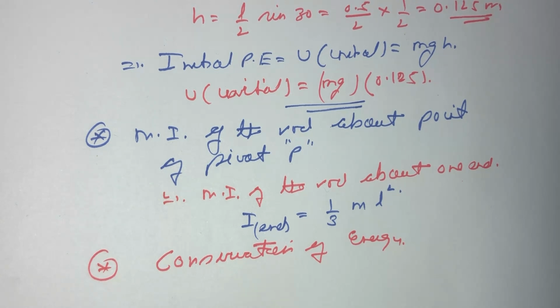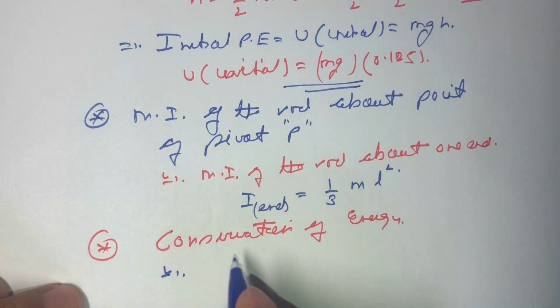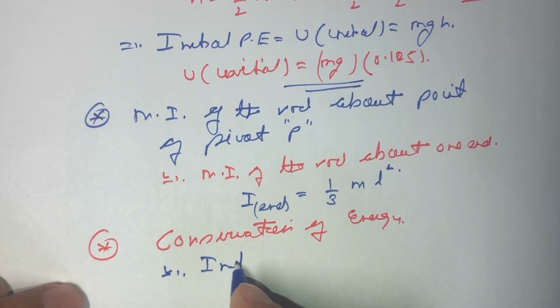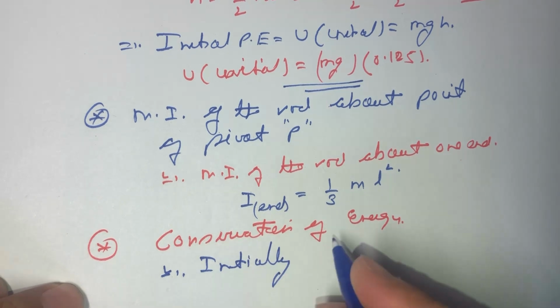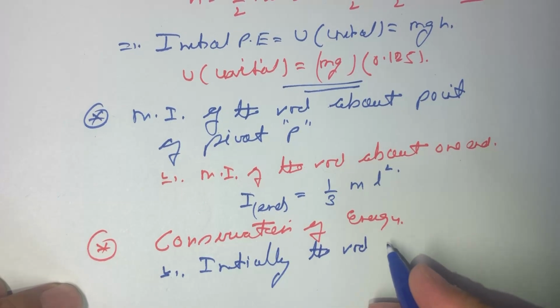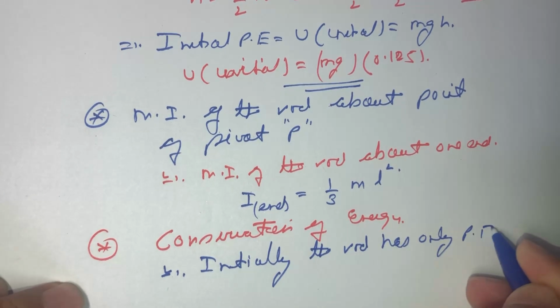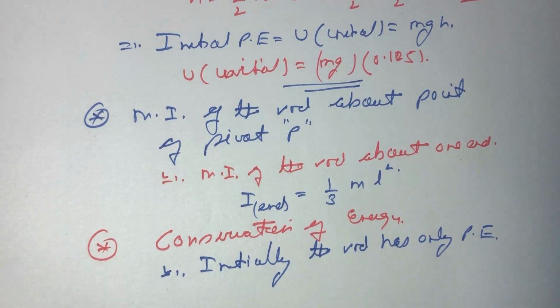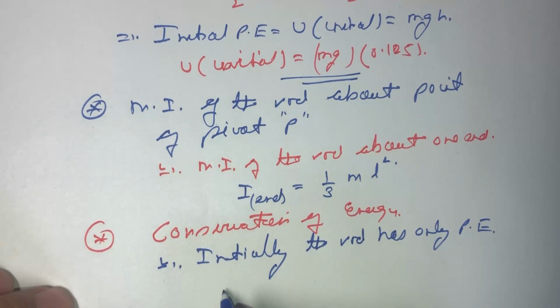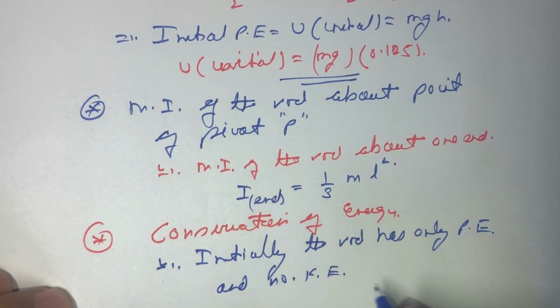There will be no initial kinetic energy. Initially the rod has only potential energy and no kinetic energy.